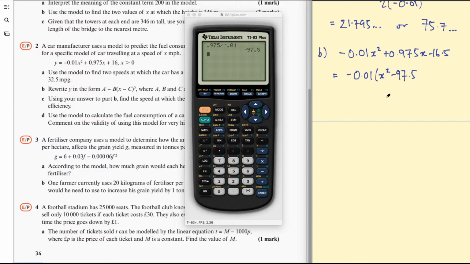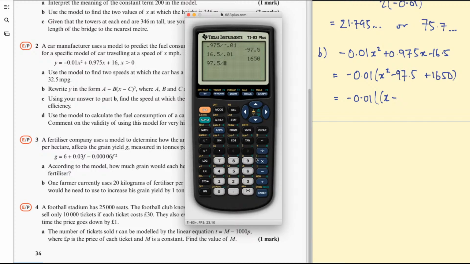And then 16.5 divided by 0.01. Excuse me, 1650. And then I have this expression that I need to use completing the square on, so I can write x take half of this.